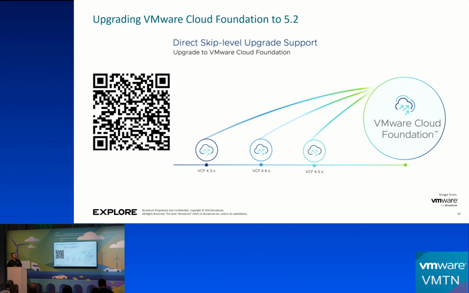Now, let's say you already have an older version of VCF. Upgrading VMware Cloud Foundation is easy, because if you have 4.5, sorry, this is an old slide, you can make a skip-level upgrade to VCF 5.2.